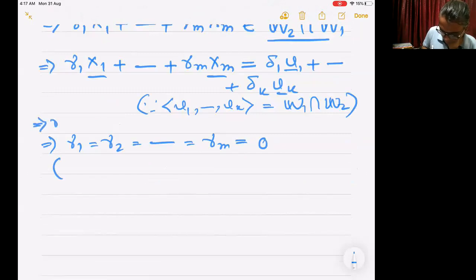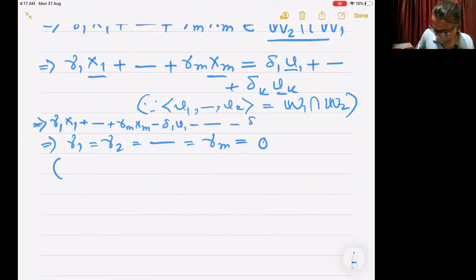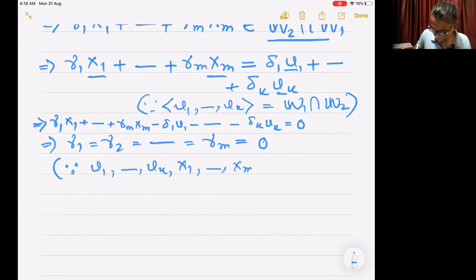This implies gamma 1 x1 plus dot dot dot plus gamma m xm minus delta 1 v1 minus dot dot dot minus delta k vk is equal to 0. So this linear combination goes to 0, but since v1 dot dot dot vk, x1 dot dot dot xm, this set is linearly independent because it's a basis for W2. So what I have gathered from here is that gamma 1 up to gamma m are all zeros.